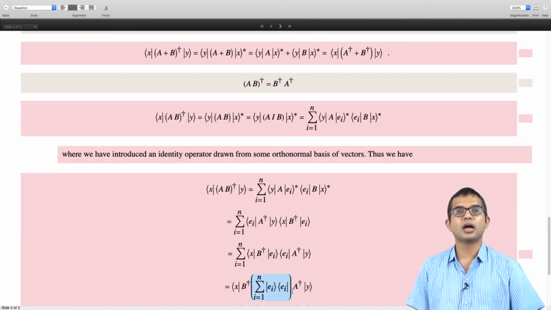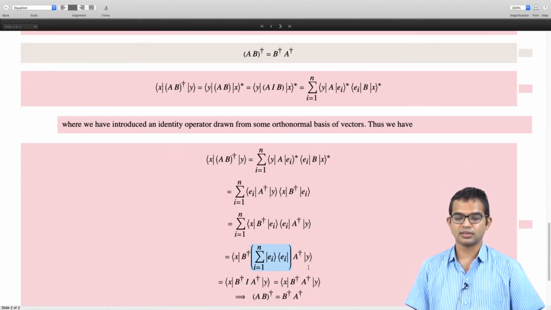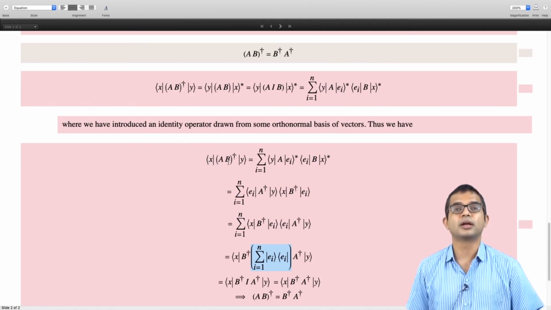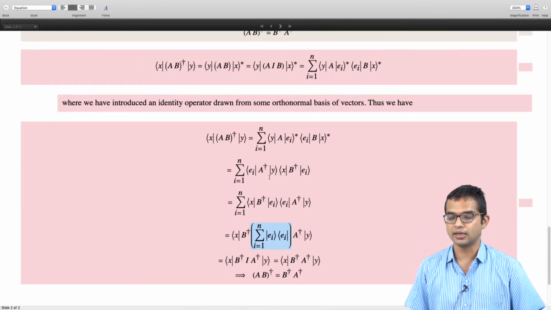It's nothing but the identity operator, which we introduced right at the beginning. So now I can write this as X B dagger I A dagger Y, but I does nothing, so I might as well just remove it, and then I have X B dagger A dagger Y. Since this is true for all vectors X and Y, it must be that AB the whole dagger is equal to B dagger A dagger.